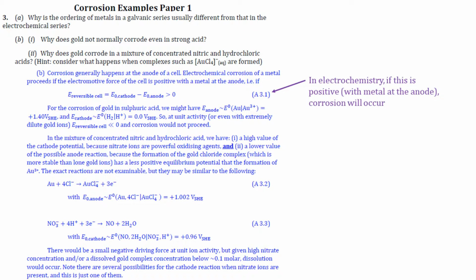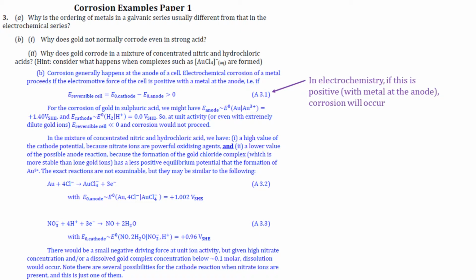Meanwhile, the anode reaction is actually the formation of a gold chloride complex, AuCl4 1-, as in equation A3.2. So the complex is more stable than lone gold ions in solution, so its formation has a less positive equilibrium potential than the formation of gold 3+ ions.